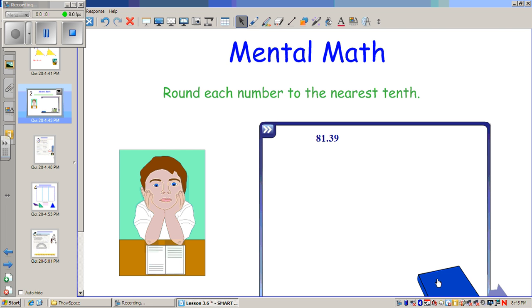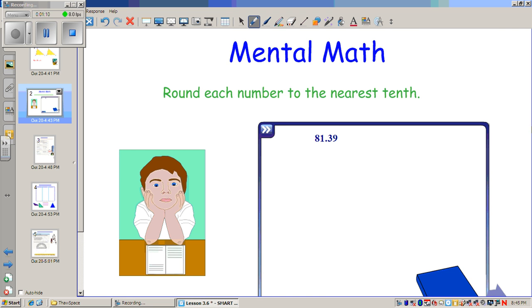In order to round that, I'm going to look at my 9, which is in the hundredths place, and I know that it is greater than 5, so I'm going to round my number up, and hopefully you said that this number should be 81.4.